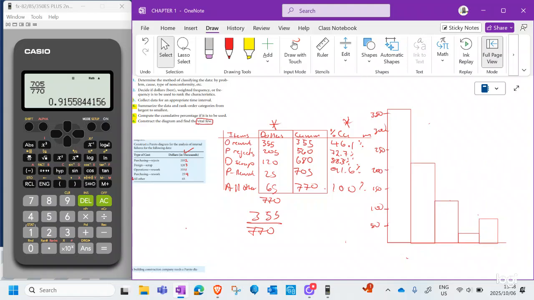Okay, guys, and then it looks like this. Then I now need to add these figures here.